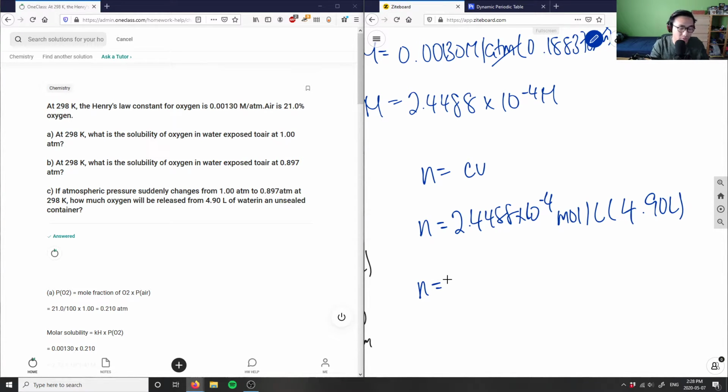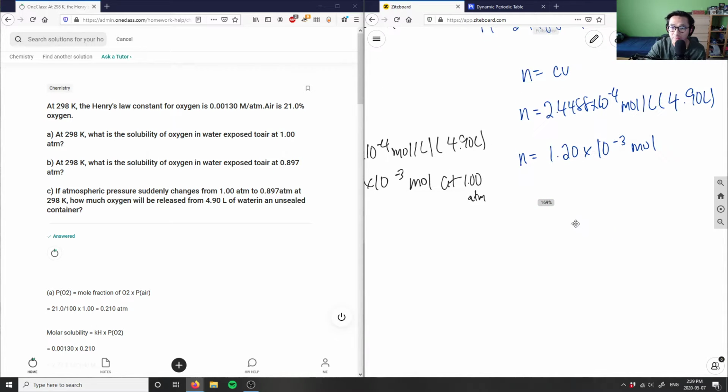That gives me 1.199, and rounding to 2 decimals, 1.20 times 10 to the negative 3 moles.